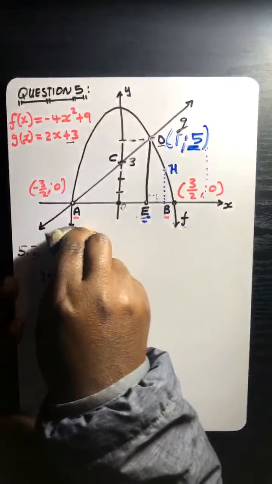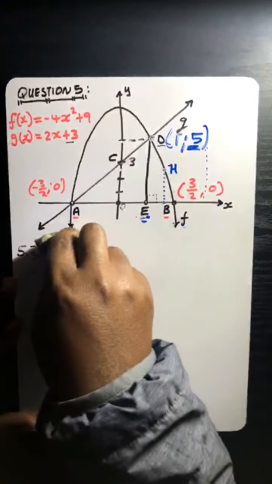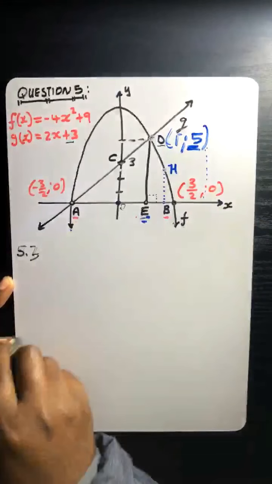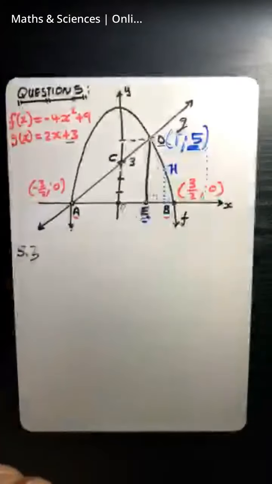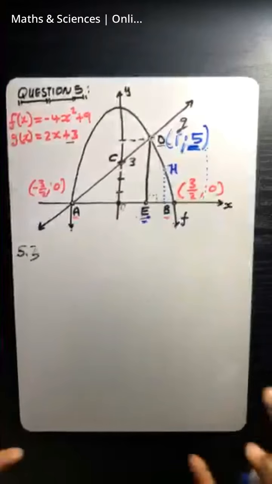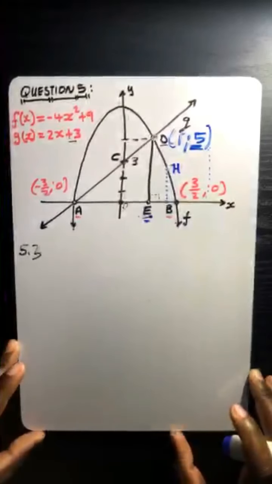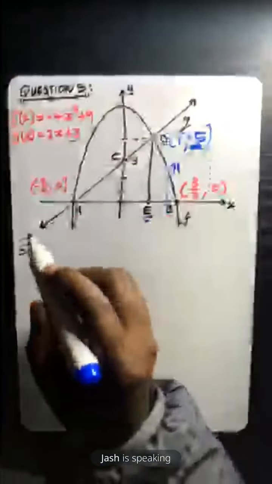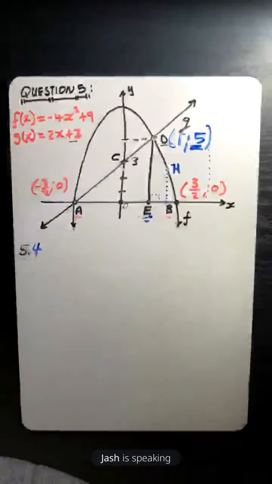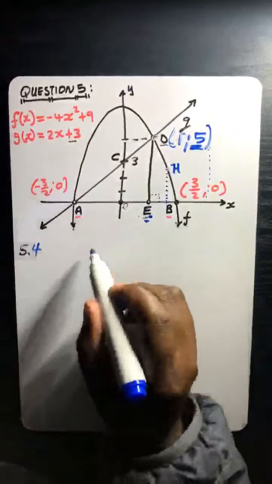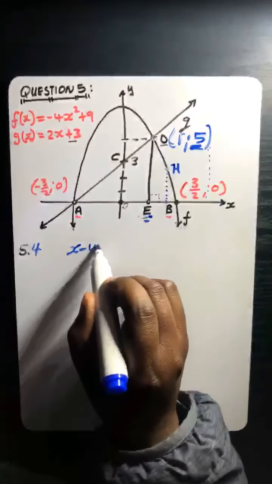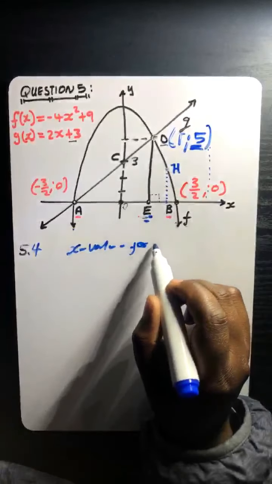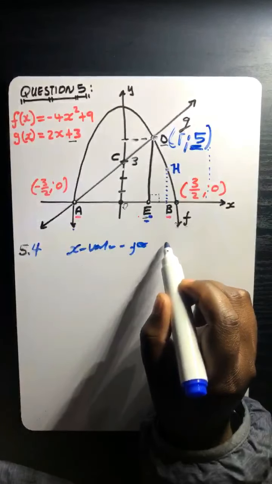What does the next question say, Shreyas? So it says, for which values of x will f of x be greater than g of x? So the x values for where, what did they say?